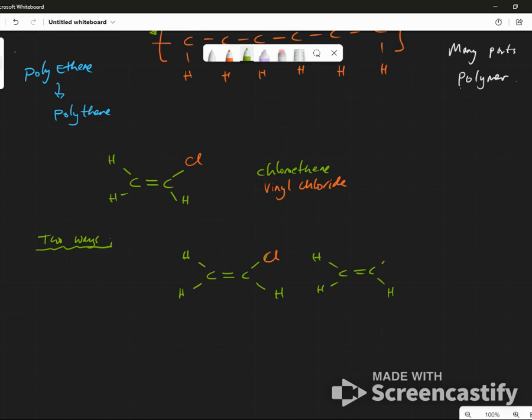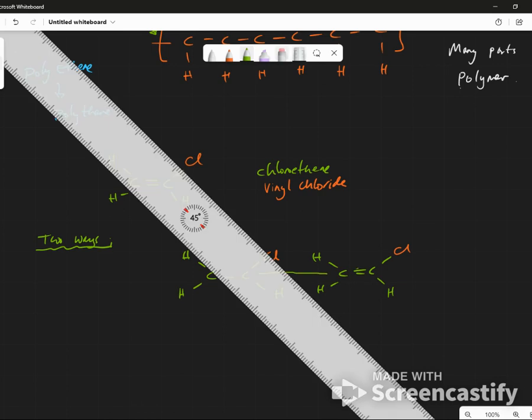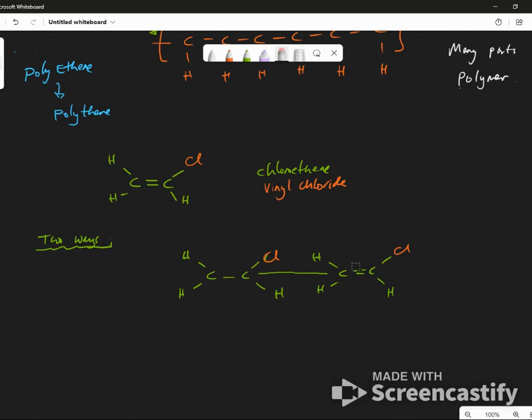And basically all I have to do now is get rid of that single bond, put it here, and get rid of one of the bonds of the double bond, and put it here. And there you go. And this is our polymer.